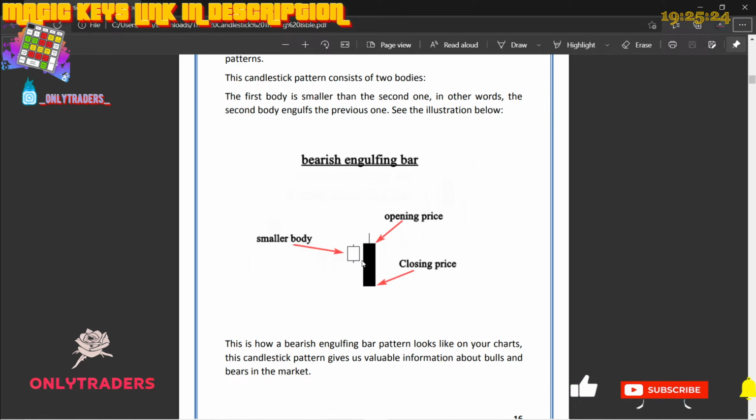So what does this indicate? Just from a common sense perspective, it's going to indicate that there are a lot of sellers in the market, because they managed to completely engulf this candle 2 times over, maybe even 3 times over, and that's what you'd call a bearish engulfing bar.